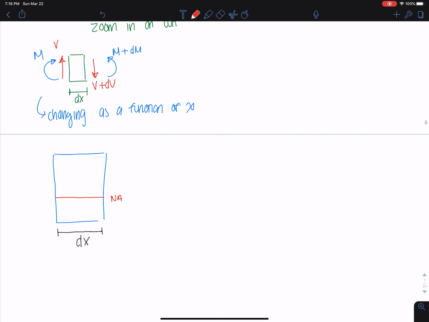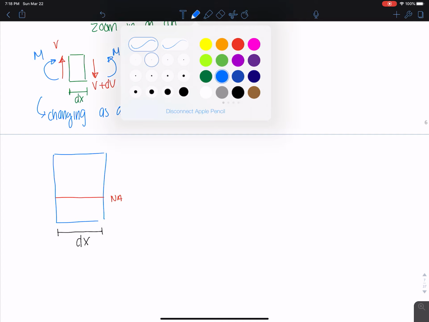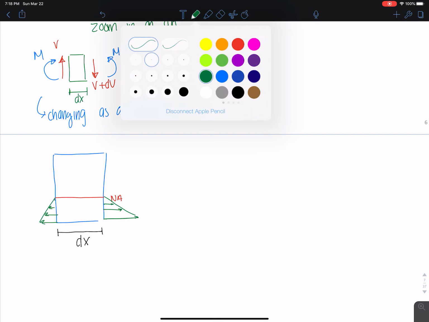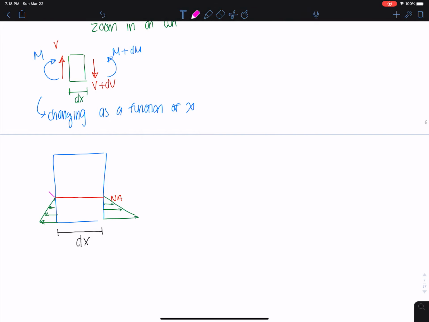My bottom is experiencing tension and the top is experiencing compression.